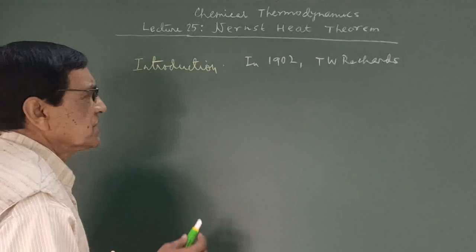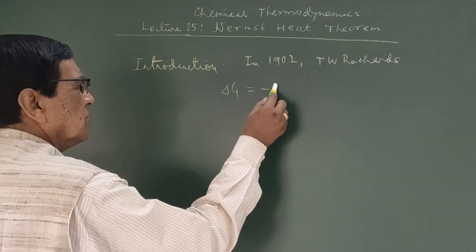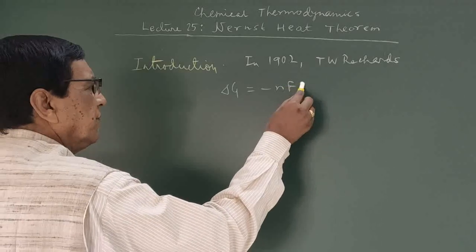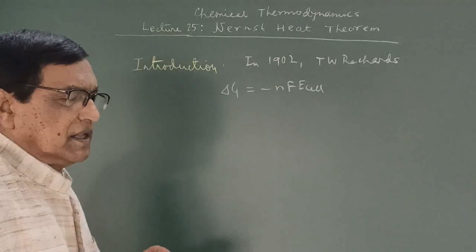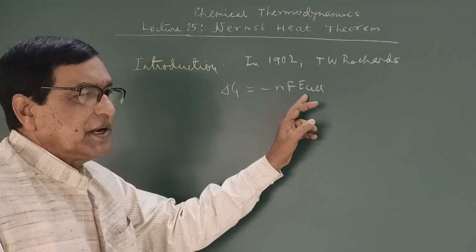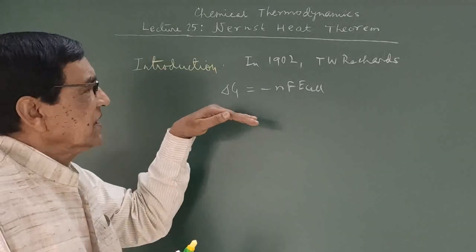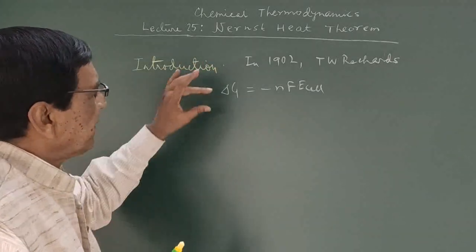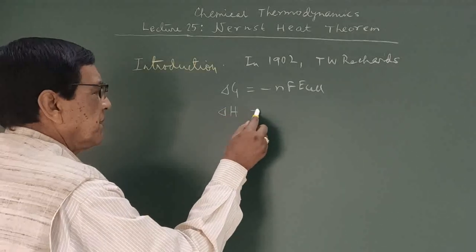And he used this formula, delta G equals minus nFE cell. E cell is the cell potential, and it is determined very accurately by means of a potentiometer. And he was determining these properties, delta G and delta H, at low temperature.